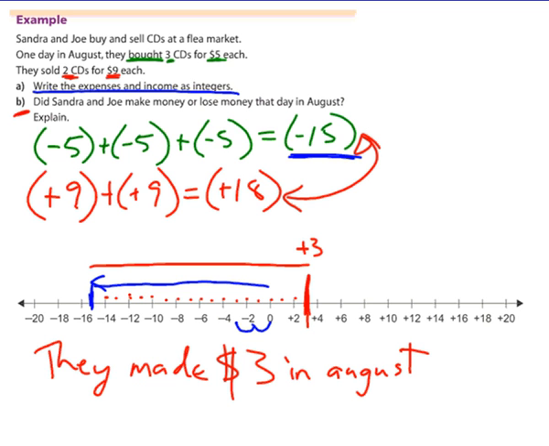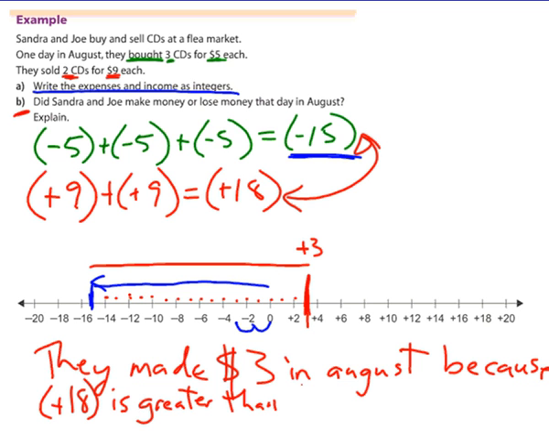It says explain. Well, because positive 18 is greater than -15. So I've shown my work.